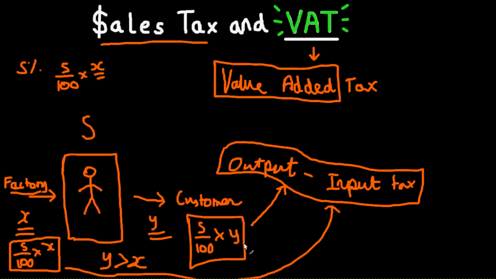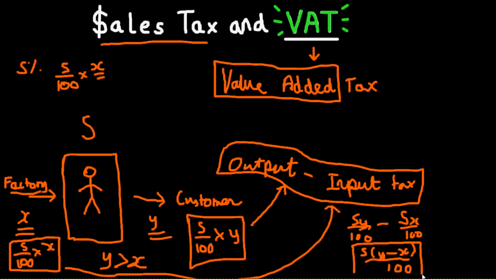If we write it in the form of these variables, what we'll get is sy by 100 minus sx by 100. Take the LCM and take the s common. You can write it like this: s into (y minus x) upon 100. Now, this is what he pays to the government.